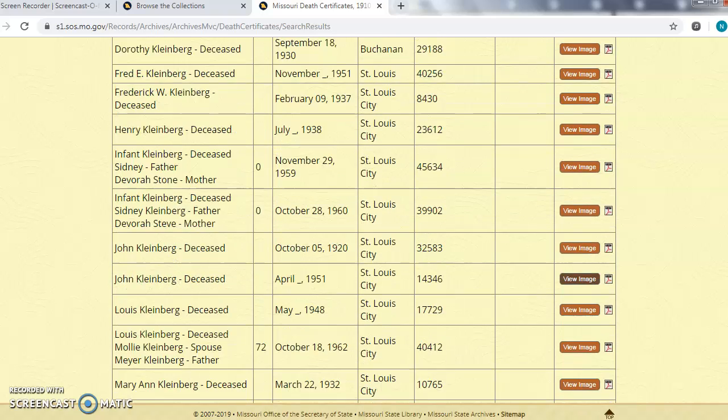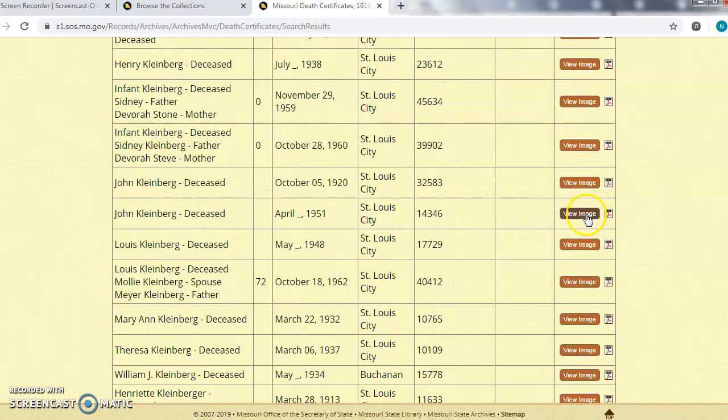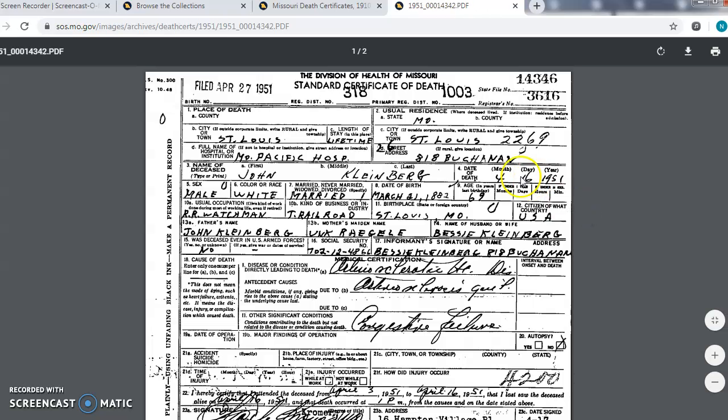We can bring up the death record of a John Kleinberg, and some important information that you get from death certificates are the father's name, the mother's maiden name, spouse's name.